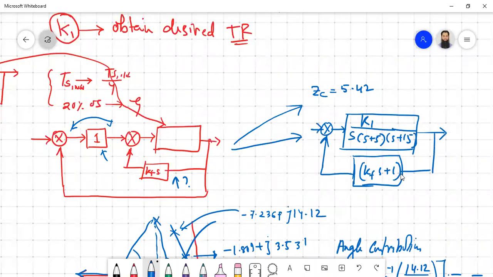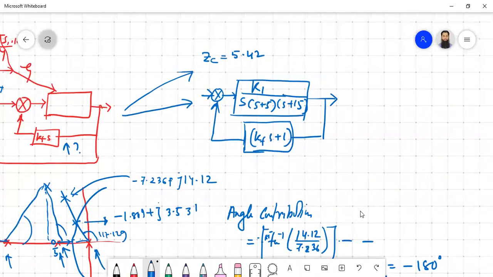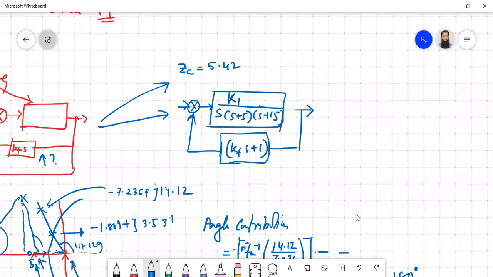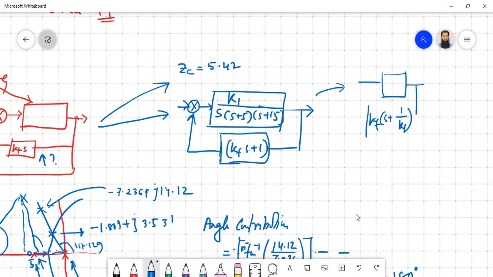Now you can take common of the KF. A slightly further reduction. We are not drawing this one, remaining same. Only in the feedback one, KF you take common: 1 plus 1 by KF. So this is what we are going to get. This is how it looks.